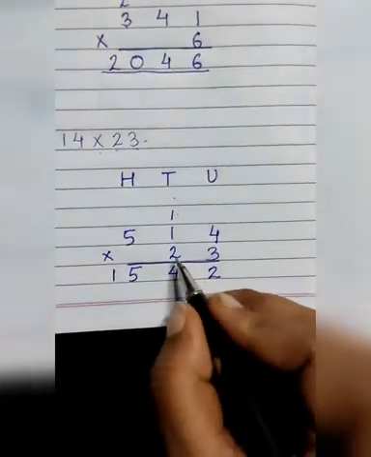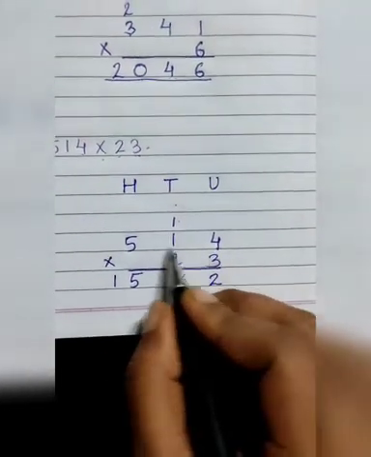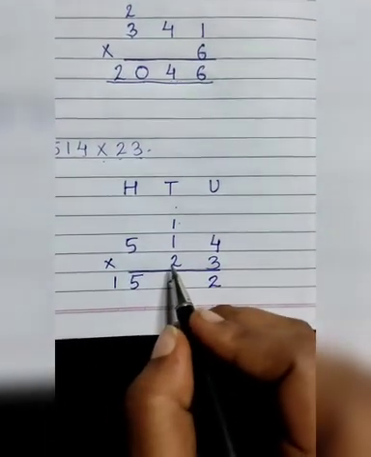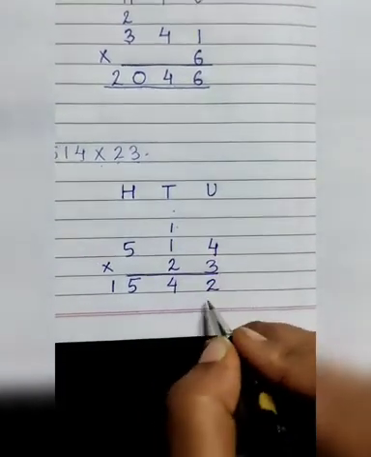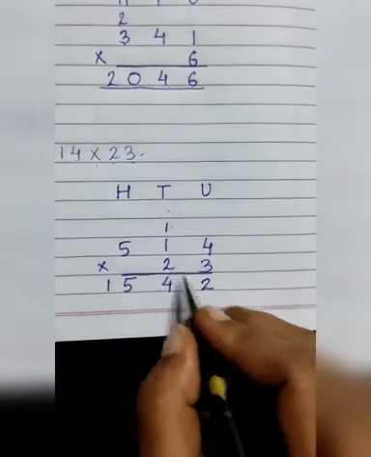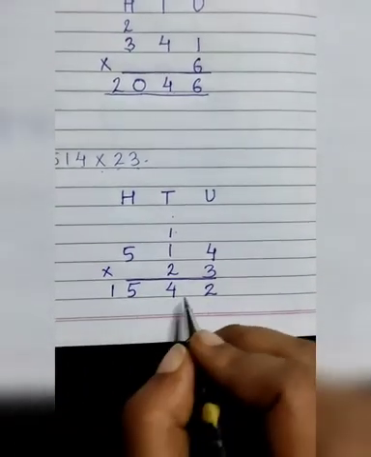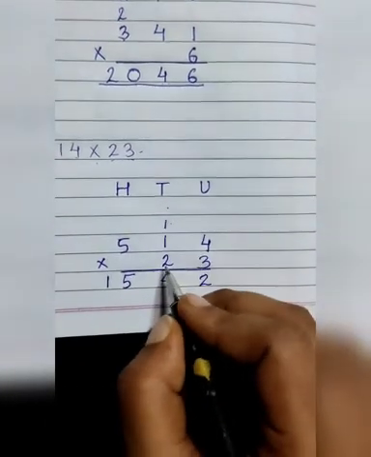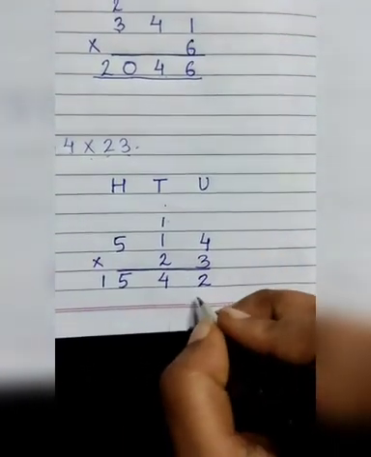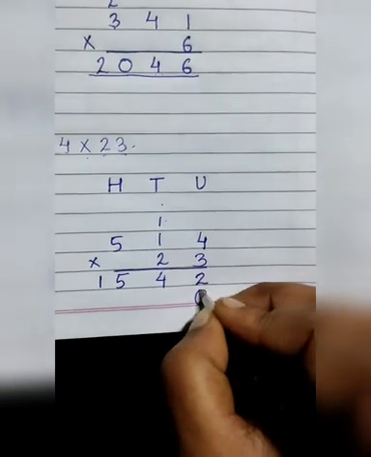Now students, we will multiply 2 by these 3 numbers. But as you can see, 2 is at the tens place, so we cannot start writing the answers of 2 from here. That will be wrong because we are multiplying these 514 by 20. So first we will write 0 here.